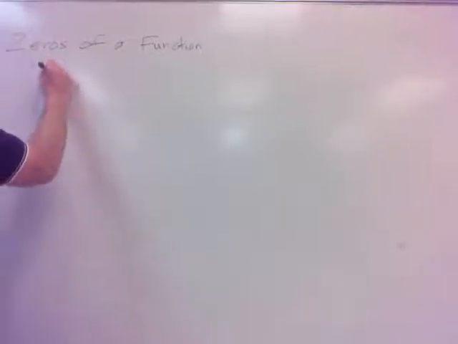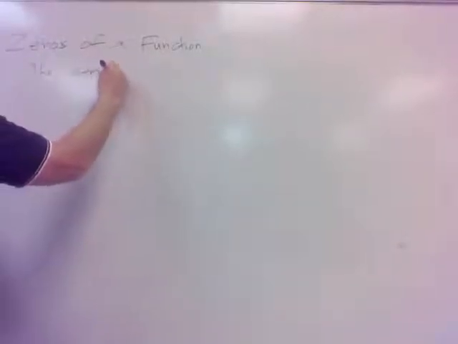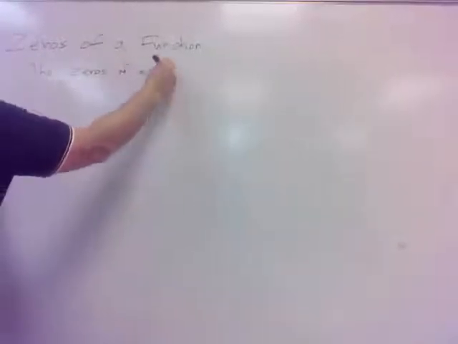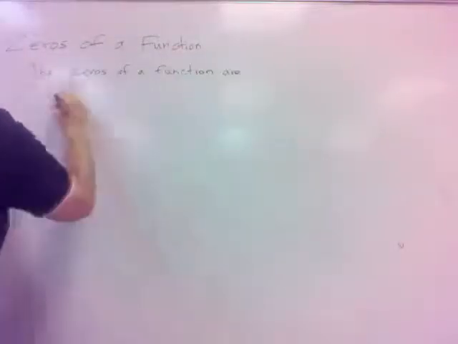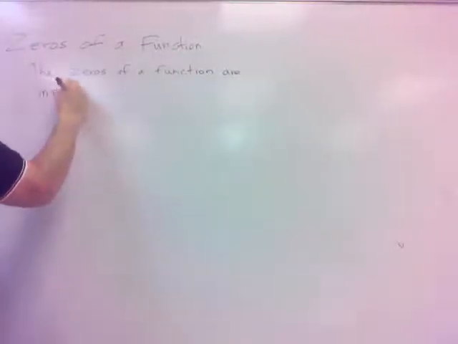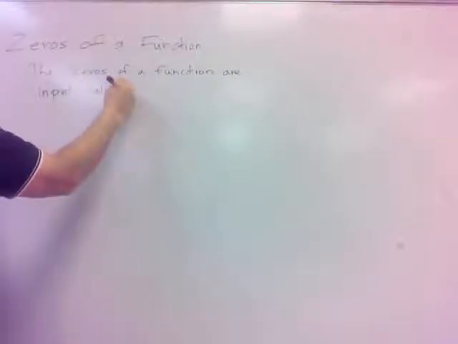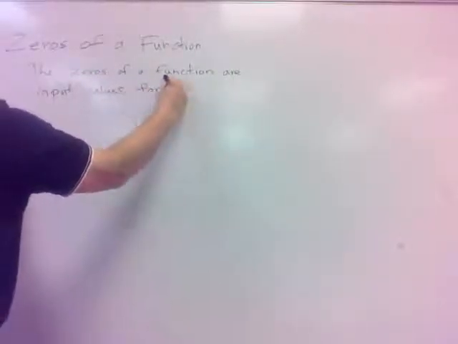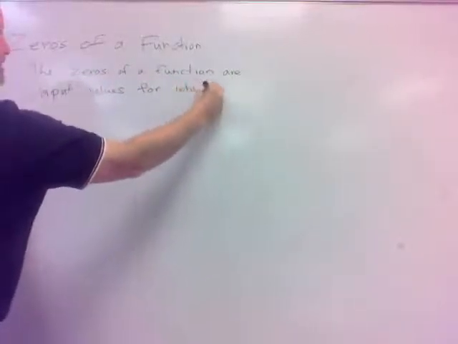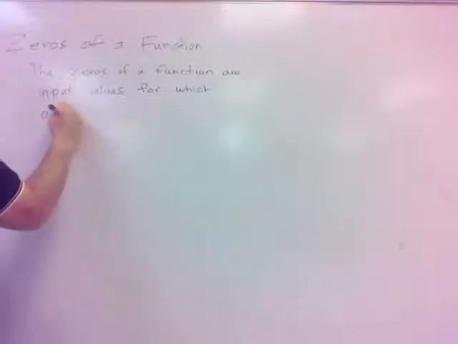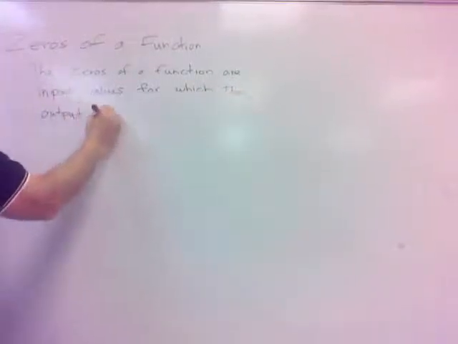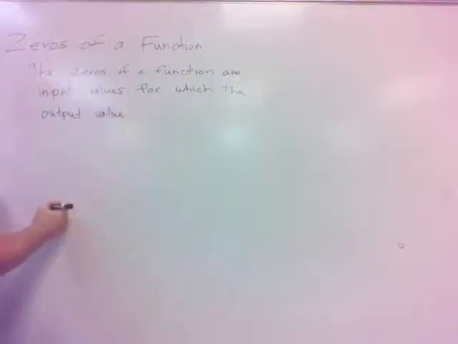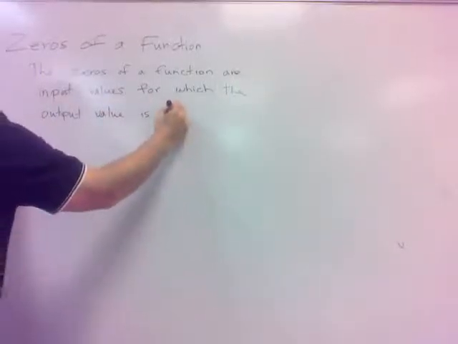The zeros of a function are input values, x values, for which the output value is 0. Input values for which the output value is 0.